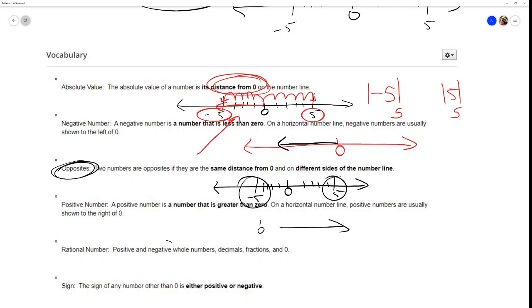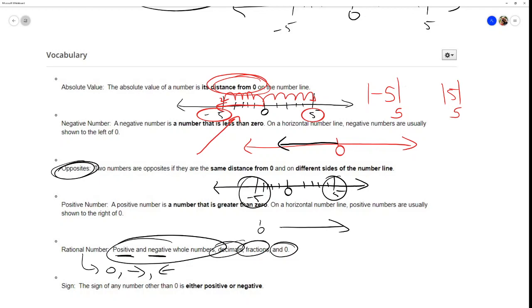A rational number is any positive or negative whole numbers, decimals, fractions, and 0. So positive, negative, decimals, fractions, 0. Sign: any number other than 0 is either positive or negative.